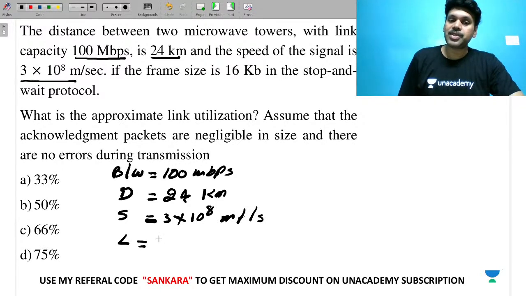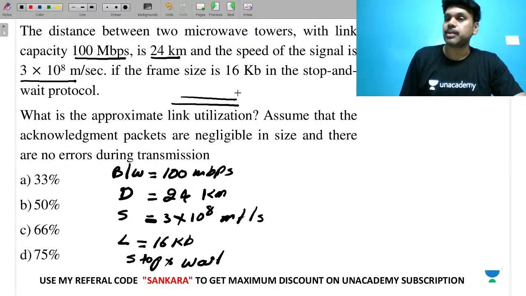Your L value is equal to 16 kilobit and he is using the stop and wait protocol. What does he want? What is the link utilization? He is asking for the link utilization, U.